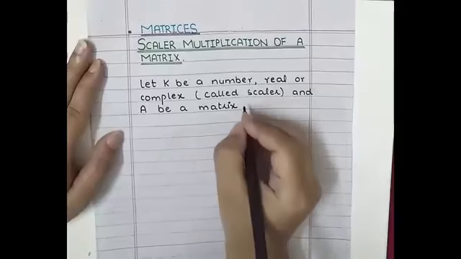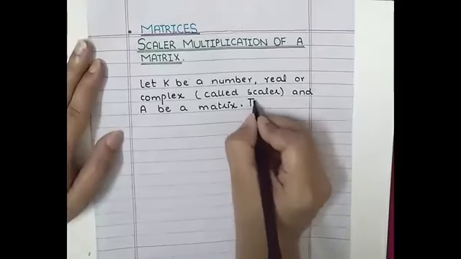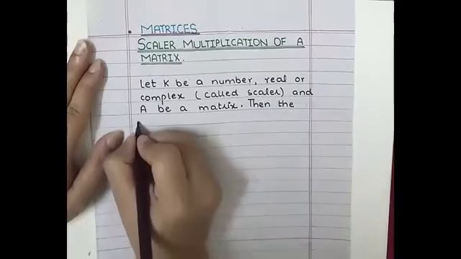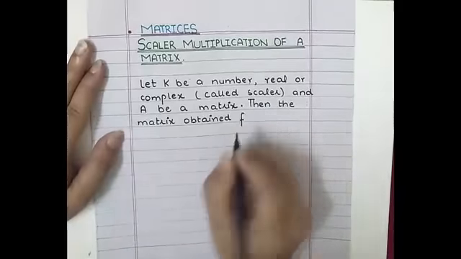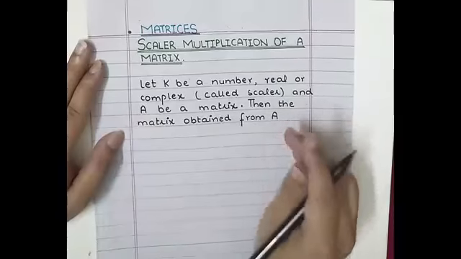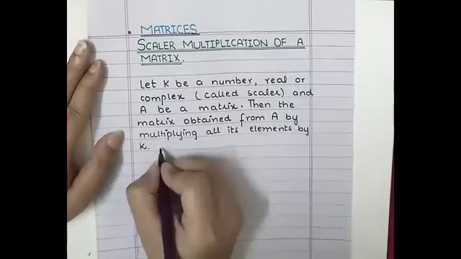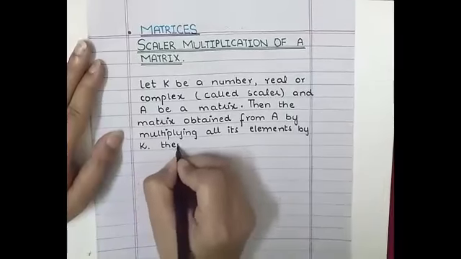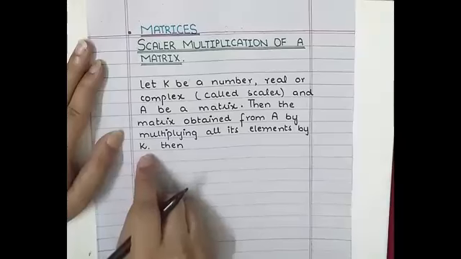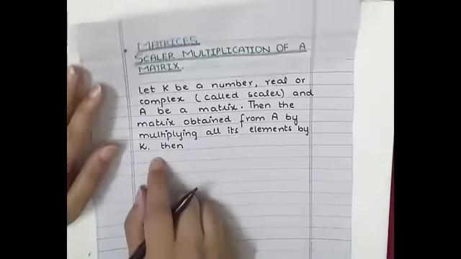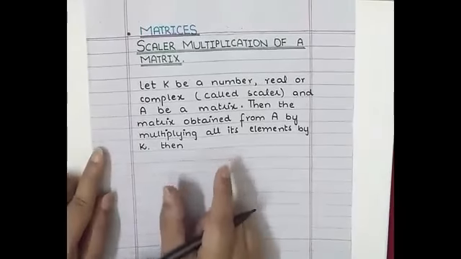Then the matrix obtained from A by multiplying all its elements by k is called the scalar multiple of A by k, and it is denoted by k into A.